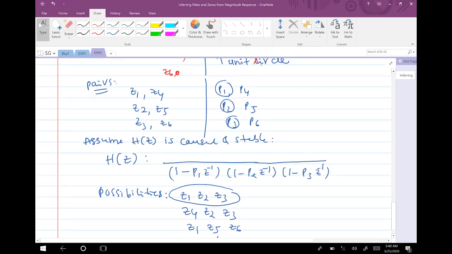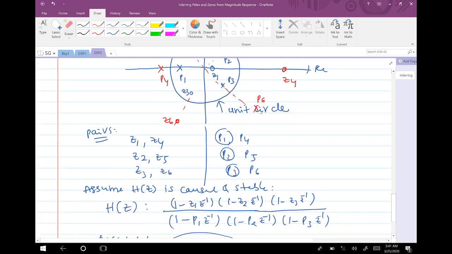For example, if it had been Z1, Z2, Z3, you could have written 1 minus Z1 Z minus 1, into 1 minus Z2 Z minus 1, 1 minus Z3 Z minus 1. Of course there will be a multiplication factor which we are not worried about at this point of time. Hope that is clear.